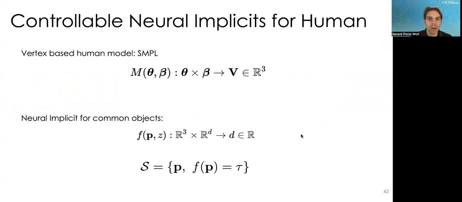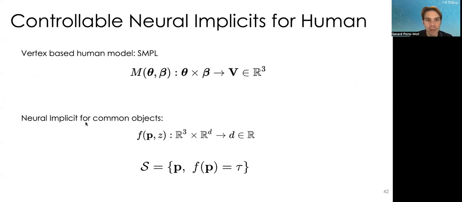All right, so basically the vertex-based human models were a function mapping from pose and shape parameters to the 3n vertices of a model. Here V represents a vertex, so that's why this is 3-dimensional, and you would have this for every vertex in the model.